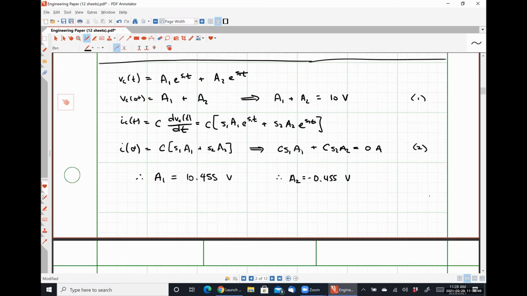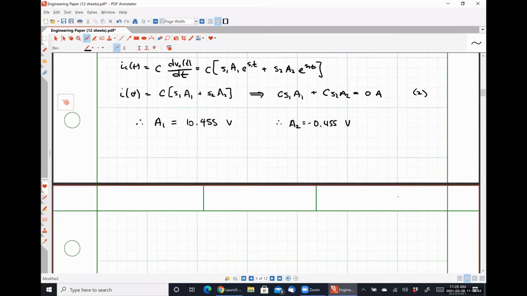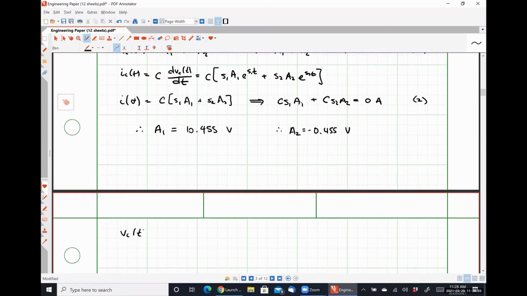So from this, VC of t is 10.455 e to the negative 0.2087 t minus 0.455 e to the minus 4.7913 t volts.